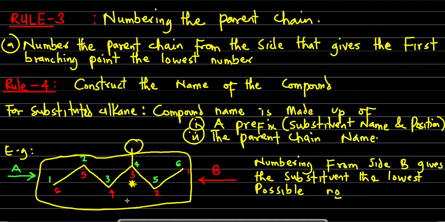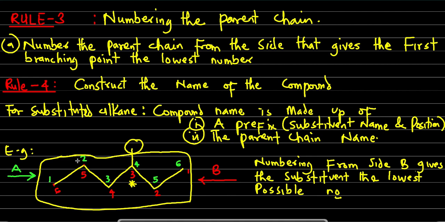All right, so this numbering rule says you have to number the parent chain from the side that would give the branch, the substituent, the lowest possible number. I actually labeled this A and B. If you start from the left side, with the green marker, labeled A, this is carbon 1, this is carbon 2, carbon 3, 4, 5, 6.